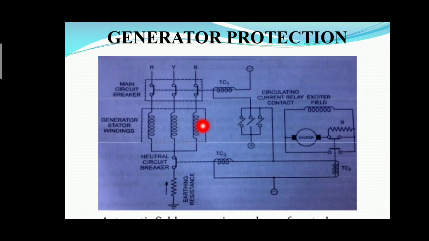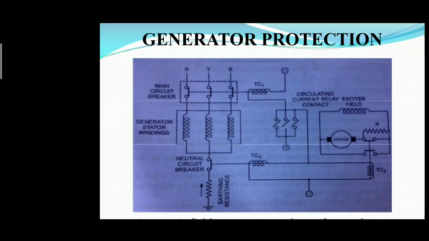In that we are using switches, which are called automatic switchings. This is the circulating current relay contact, and this is the excitation field, the excitation circuit.